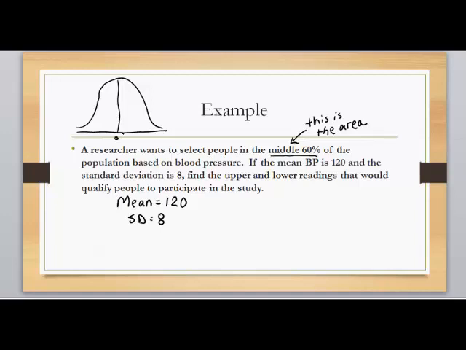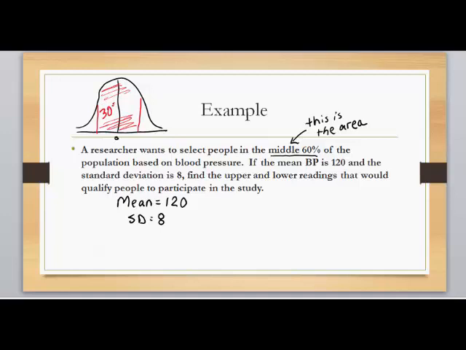And so if I'm shading the middle 60%, I'm going to be shading a section on each side of 0. And those sections should be equal. And each part of it should be 30%.